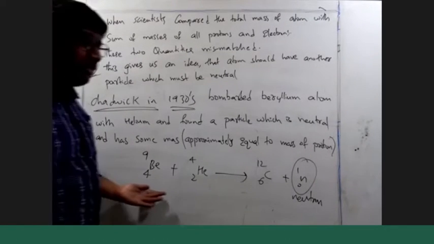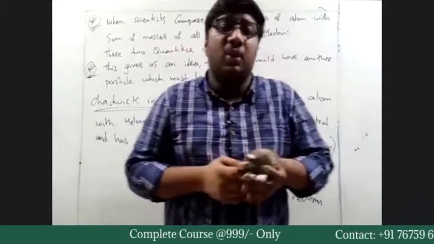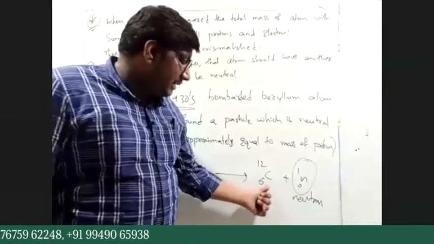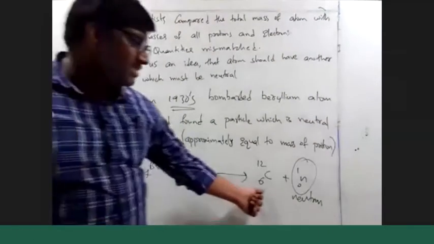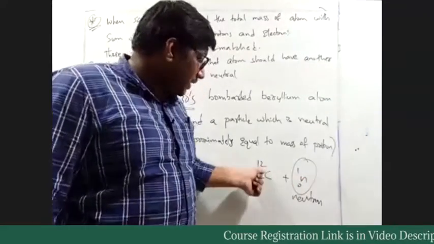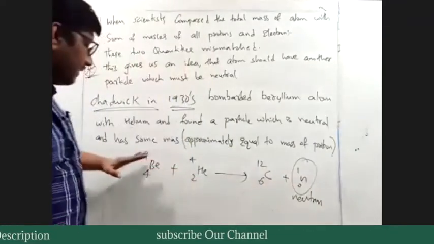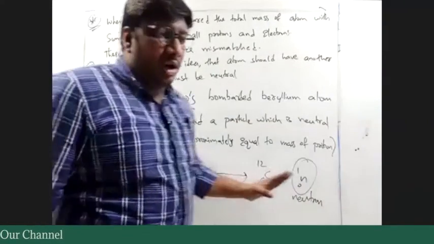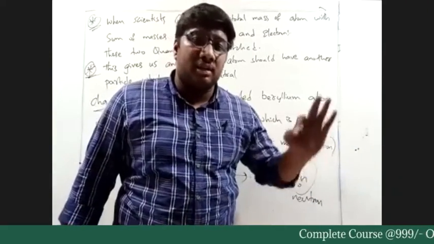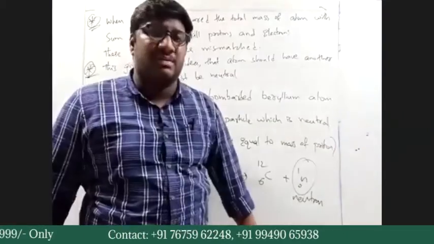Bombarding means hitting, colliding two atom nuclei like beryllium and helium, he found carbon C 6 12. That is 4 plus 2 is 6, which matches here, and 9 plus 4, 13, should be matched. 12 is carbon and 1 is for neutron. Don't worry about this 9, 4, 2, 4. All those are atomic numbers and mass numbers. That will be discussed after Rutherford's model. But as we encounter that, we are just explaining.